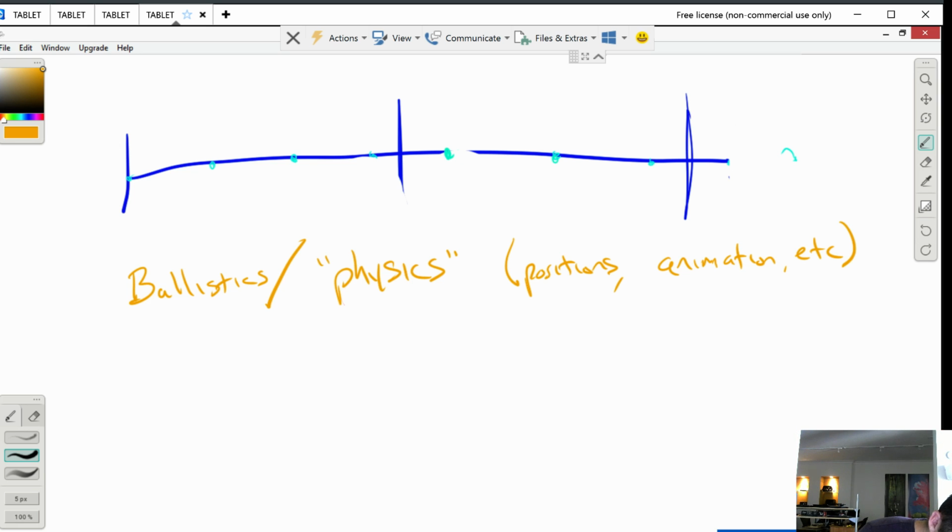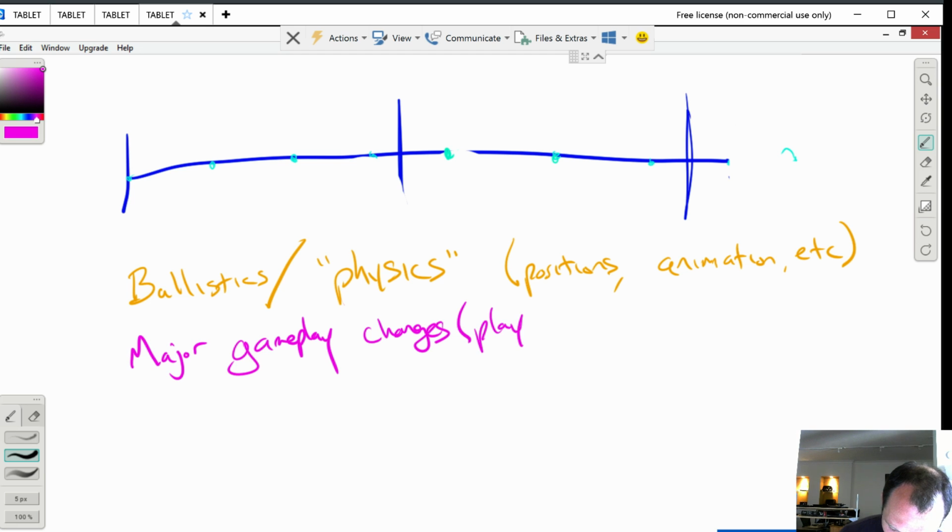And then the other thing that could happen is, I'll put it in a different color, major gameplay changes, player death, and whatnot. Player death is the biggest example, right, for the purposes of this.